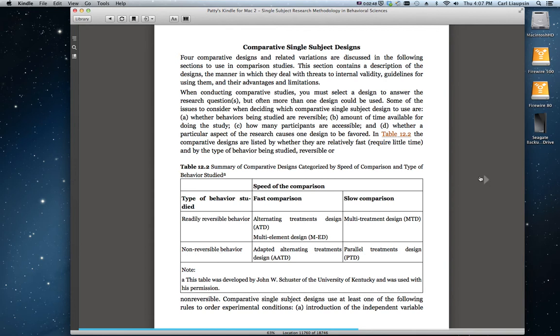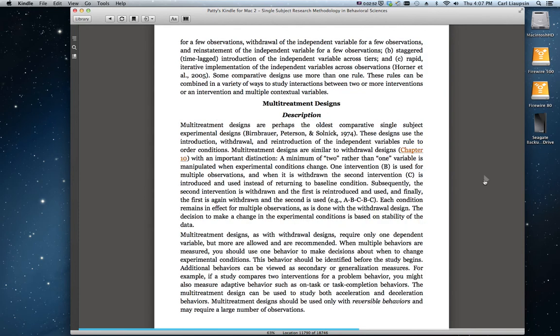So the first thing I'll talk about is multi-treatment designs, I guess. They're really like withdrawal designs.